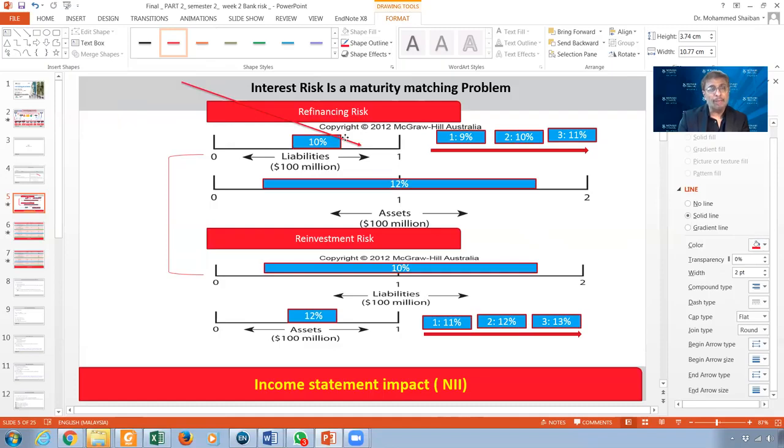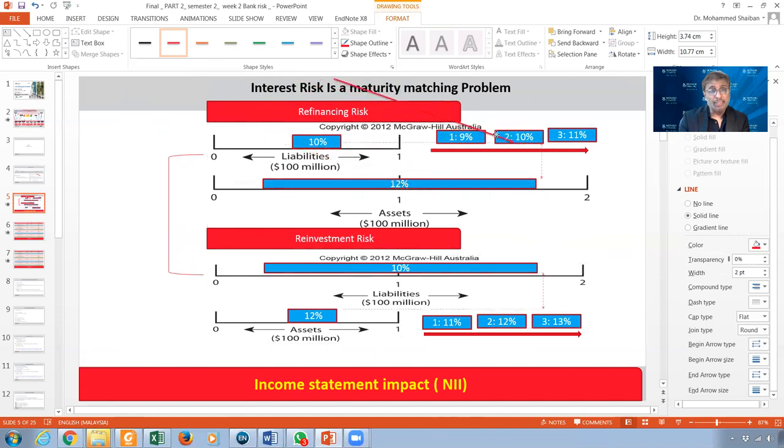Now, assuming the next year the rate will be 9%, this is here 10%, maybe the interest dropped to 9%, or maybe it stays, or maybe it goes to 11%. If I am here at 9%, I'm actually gaining, because I'm now receiving 3% for the second year.